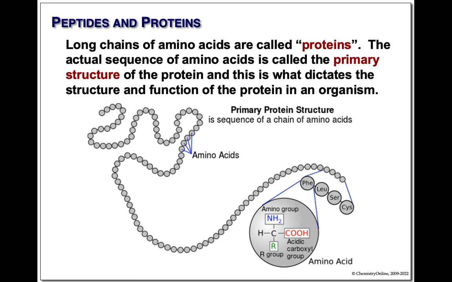Now, this protein, made up of all these different amino acids, some of these side chains are going to be water soluble, and some are not. As this protein is being made, it folds itself up so that the water soluble groups are on the outside and the water insoluble are on the inside.